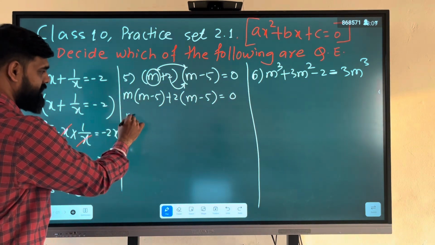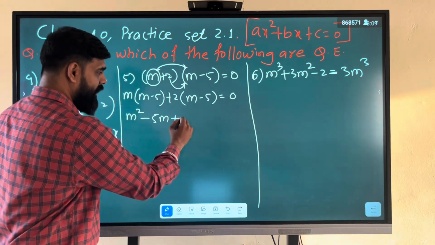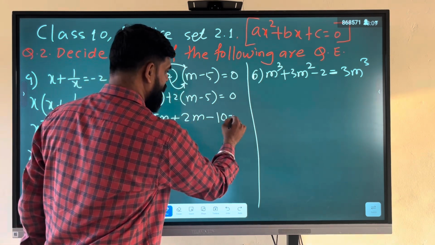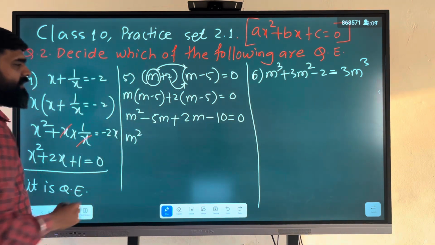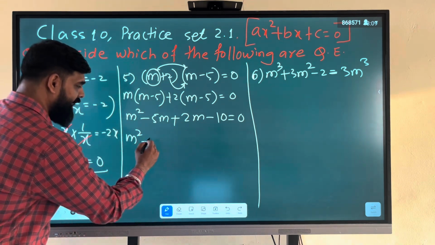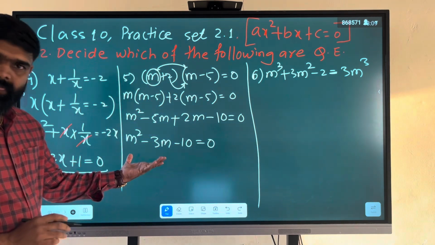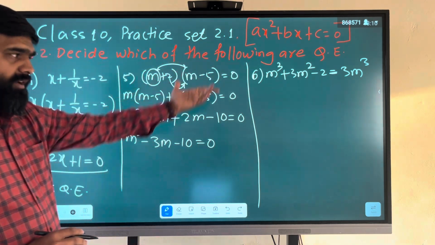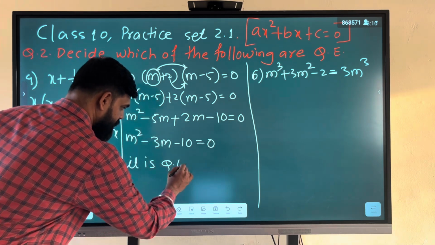So m into m is m square, minus m into 5 is 5m, plus 2 into m is 2m, and minus 2 into 5 is going to be minus 10. So the simple form of this equation is m square minus 5m plus 2m, which is minus 3m, minus 10 is equal to 0. If we compare this with the generalized quadratic equation, we will come to know that it is a quadratic equation.